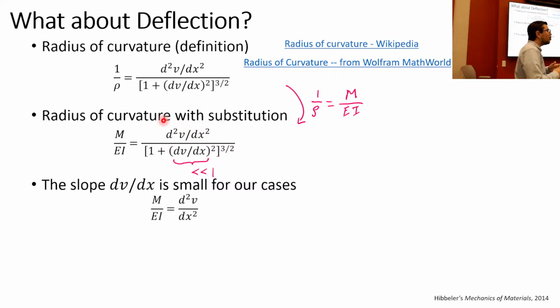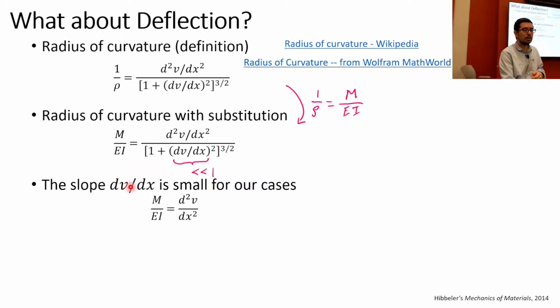Now you're like, wait, you told me that if I squared the small dv/dx, it goes away, but the second derivative doesn't necessarily go away. You can think about that in terms of positive or negative curvature, and it can be quite high even though the slope is pretty small, at least relatively. So now, what do we get? We get this powerful equation.